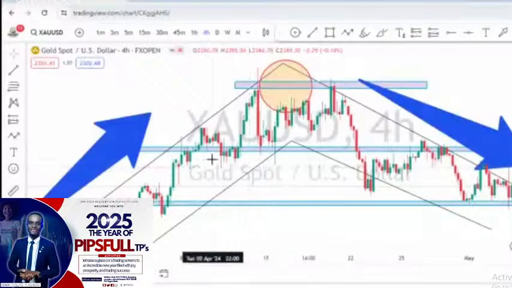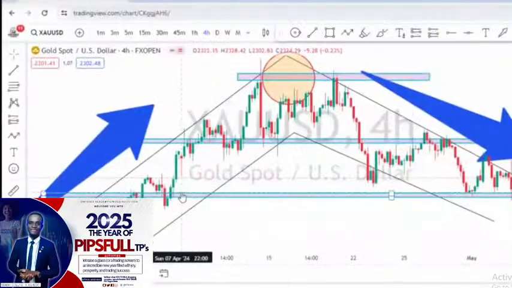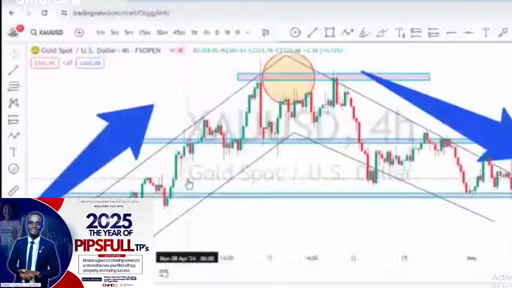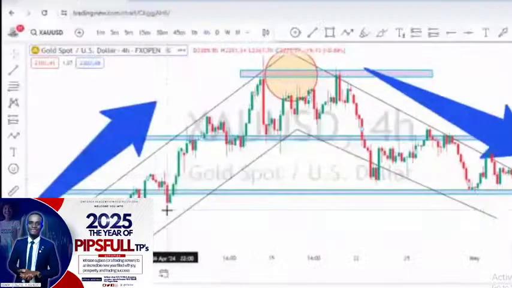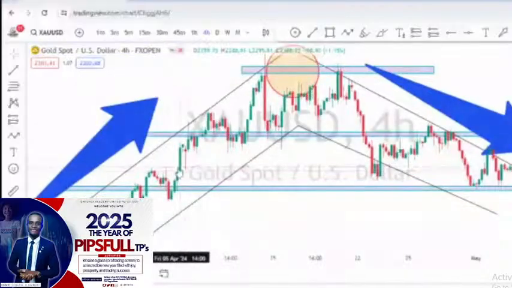Guys, you don already hear me now talk now say market wey dey uptrend, the best thing wey we dey do na buy. We dey only dey look for opportunity to buy, and the opportunity wey we dey always wait for, as far say the market dey uptrend, we dey wait make price always pull back. I don already explain wetin be pull back.